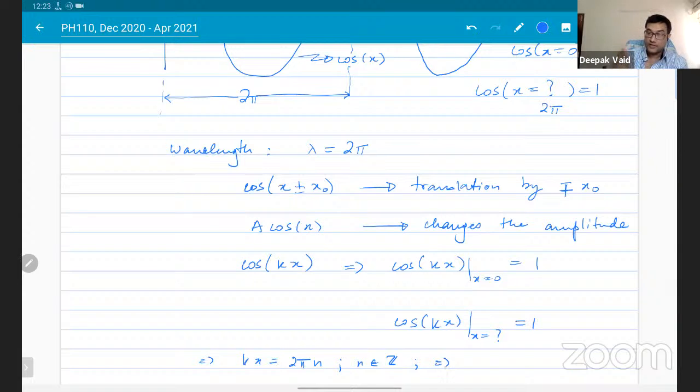So the first value of x at which this pattern repeats is given by x equal to 2 pi by k. This is the value of x at which the wave repeats, right? So what is this quantity? This quantity is the wavelength.